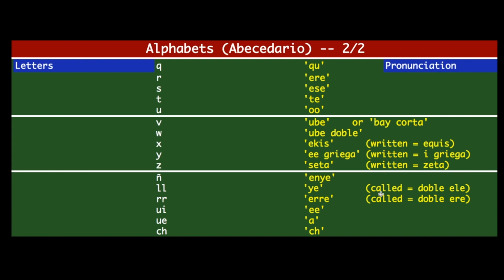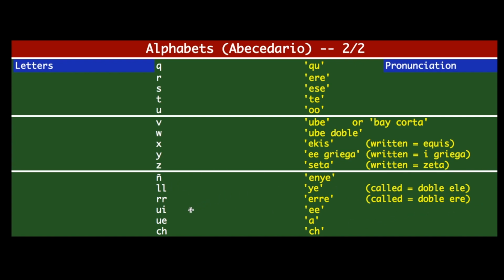And the letter is called doble L, double L. Similarly, you have double R. Now, double R has a very special pronunciation. What happens is that you have to roll your tongue, and so the sound is something like a rolled R. So the letter itself is called doble R, right?